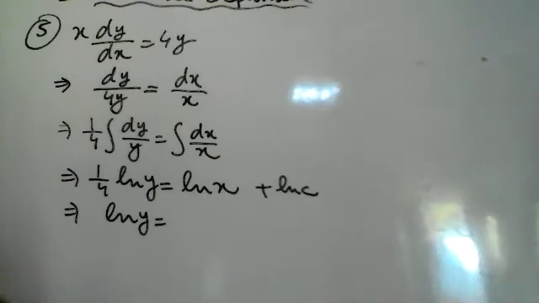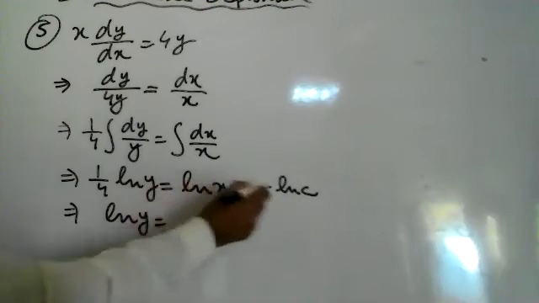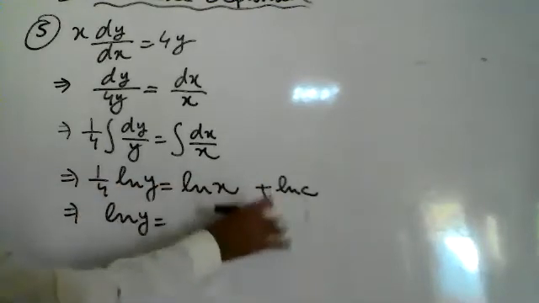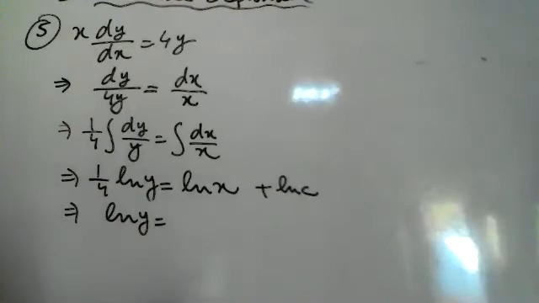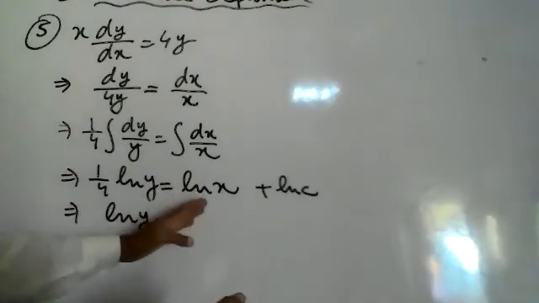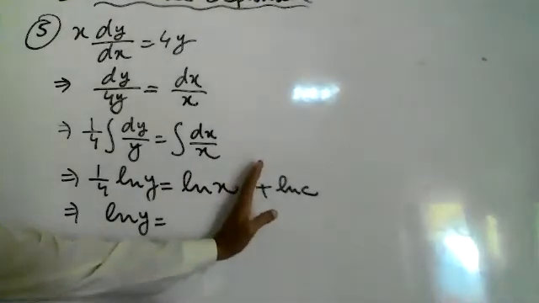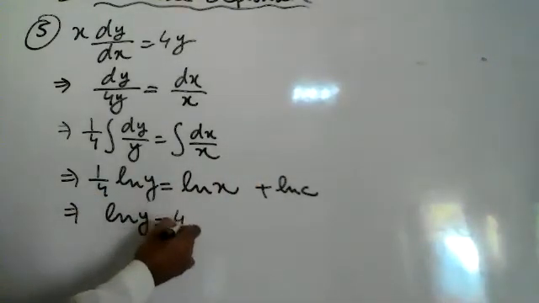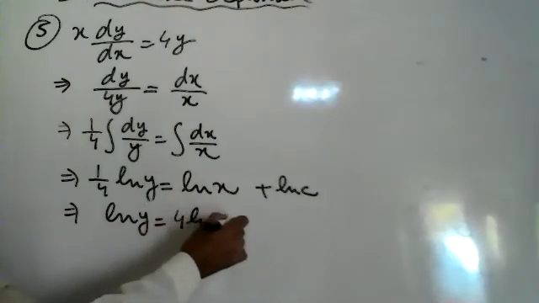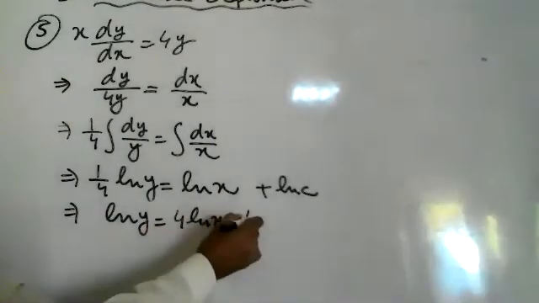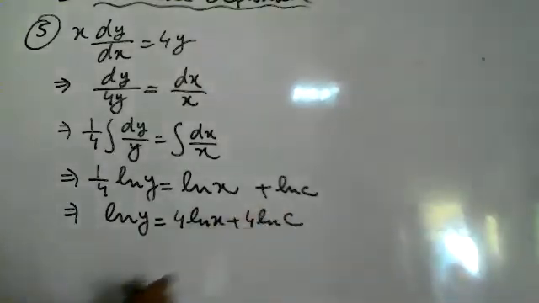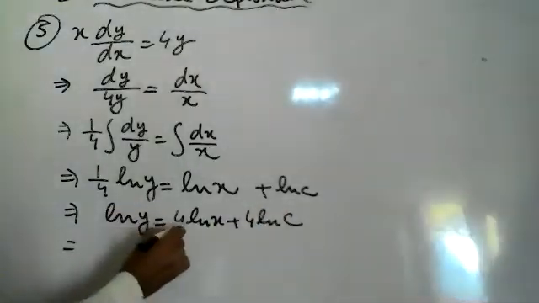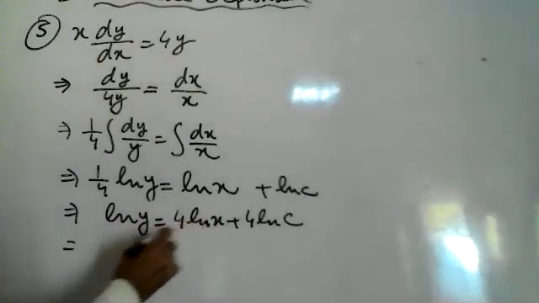So 4 is multiplied with this one as well as this one. Because all the terms are in ln, the constant will also be written in ln. If 4 is multiplied over there, it will become 4 ln x plus 4 ln c. Four ln x means ln x raised to power 4.